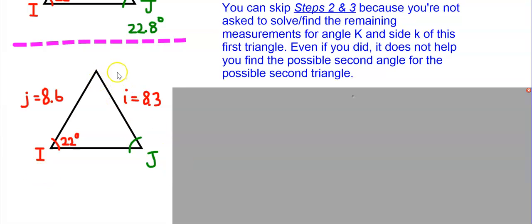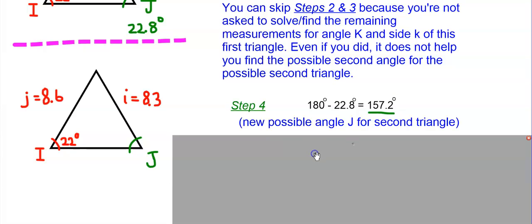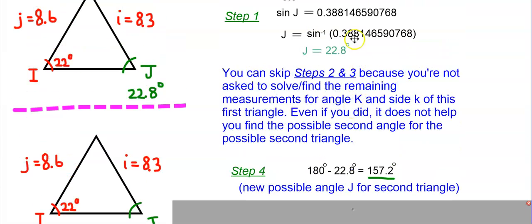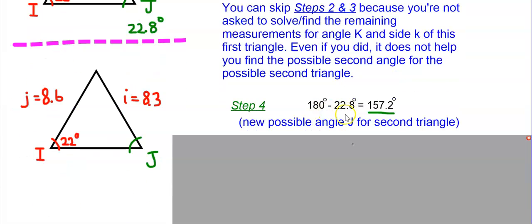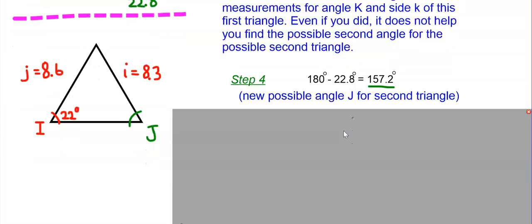Alright, here's the second triangle, 8.6, 8.3, 22, and now we have a second J to find. This is where step 4 comes into play, and you find the supplement to the angle you found from the original one. So 180 minus 22.8, and you get 157.2, the new possible angle J for the second triangle.